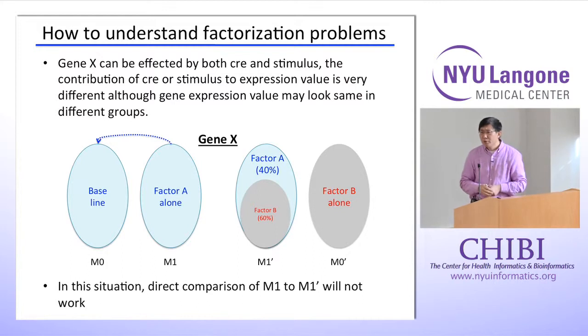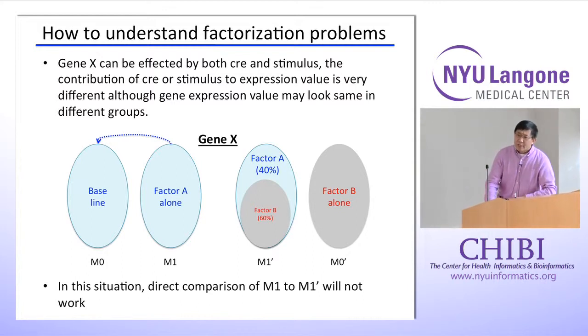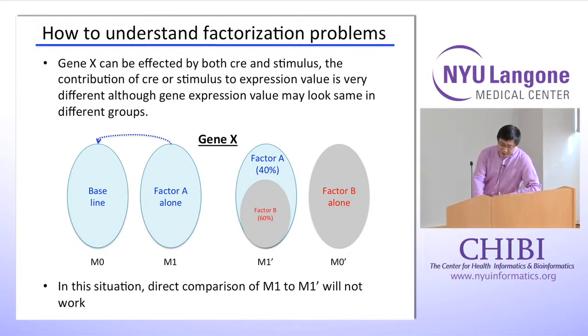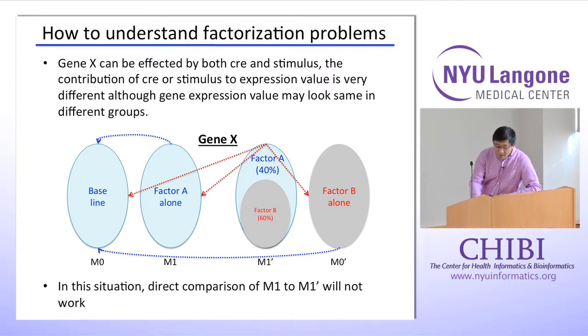If we want to know the stimulus-affected genes, we can just compare M1 to M0. If we want to know the factor B affected genes, we can just do this comparison. But for the interaction term, we really need to reference all other 3 conditions.